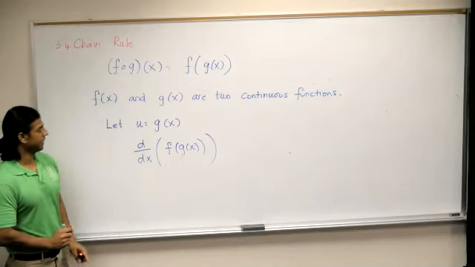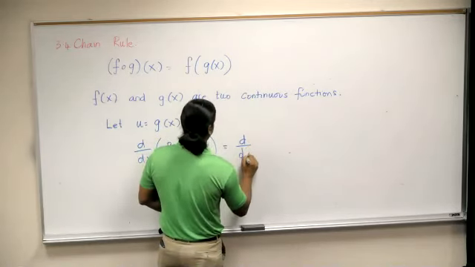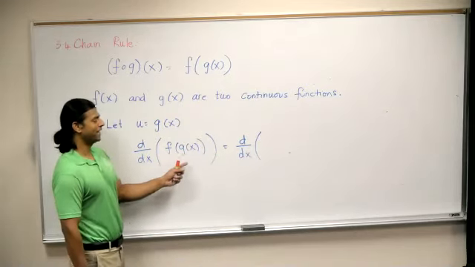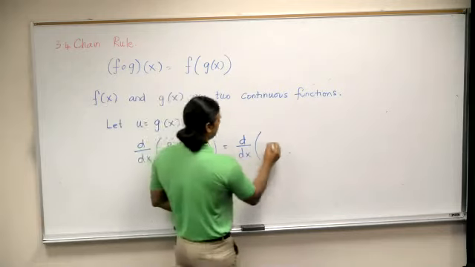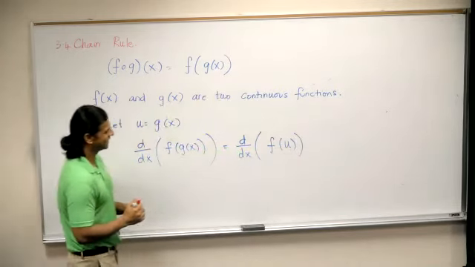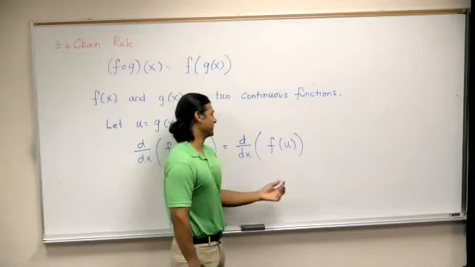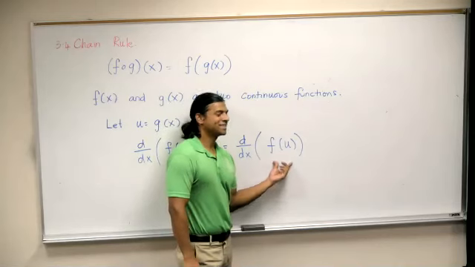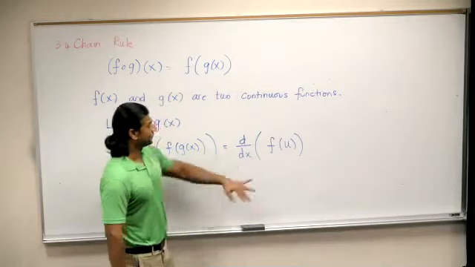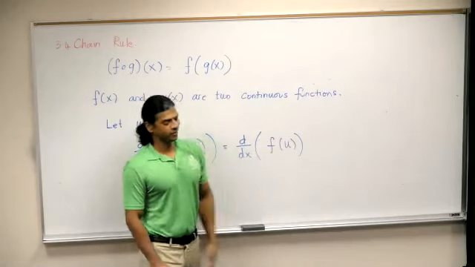Good. I'm going to replace g of x by u. So f of u. So we want to take the derivative of f of u, but if you look at that, u is actually a function of x.